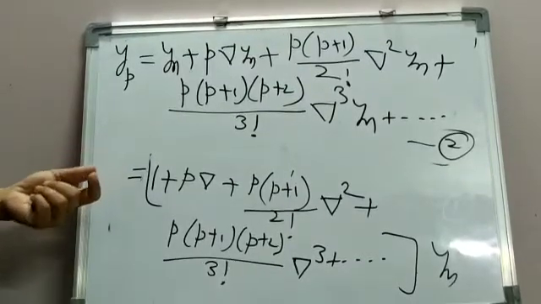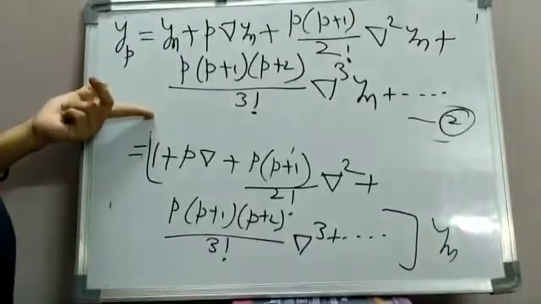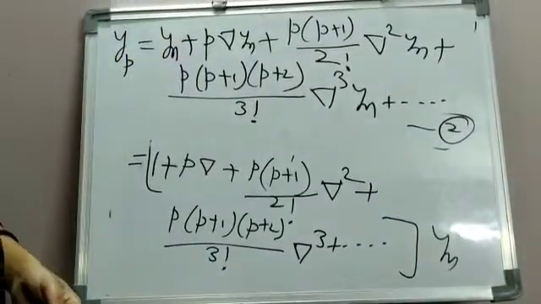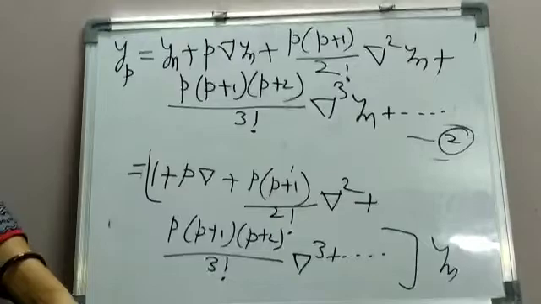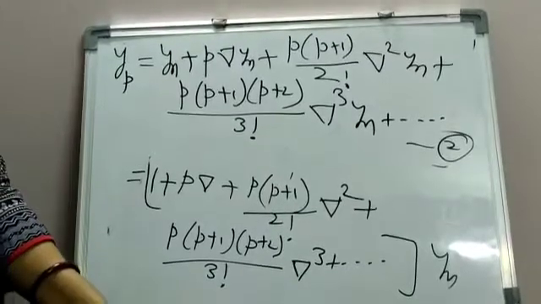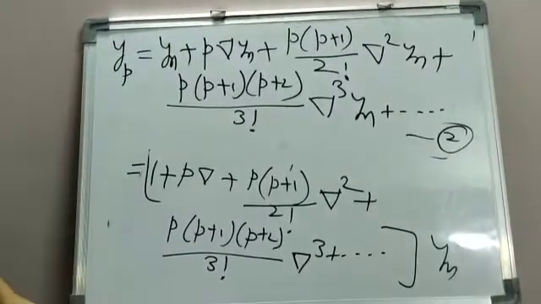And why is it named Newton's backward interpolation formula? Because it involves the backward differences of yn. That's why the name is Newton's backward interpolation formula.